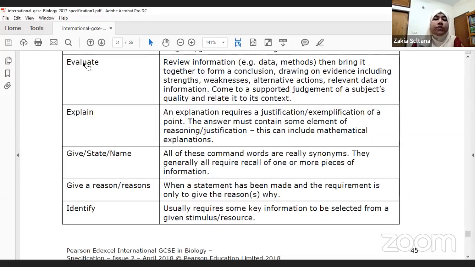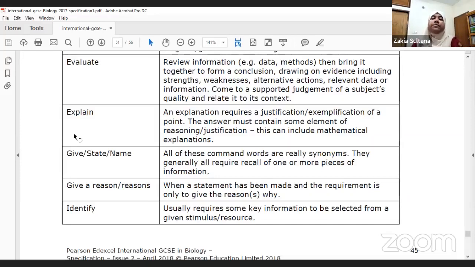So that is evaluate, where you have to write both positive and negative sides. And explain is a very special command word, and in explain you must add some reasoning, you must add some logical explanation to them. So these were the 4 important command words.